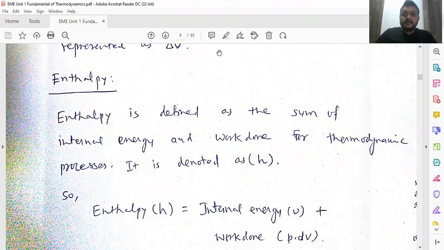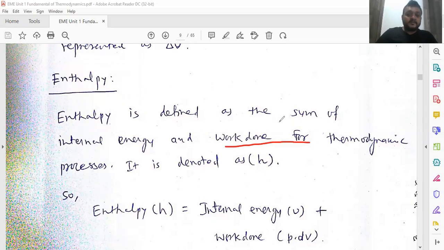Work done by any thermodynamic engine is the extra energy created by supplying some kind of energy. Input energy may be heat energy, solar energy, or any kind of energy, but our main objective is to achieve the work. Output is work. So any thermodynamic system has internal energy, the energy occupied by the system itself, plus work done. That is the energy produced.